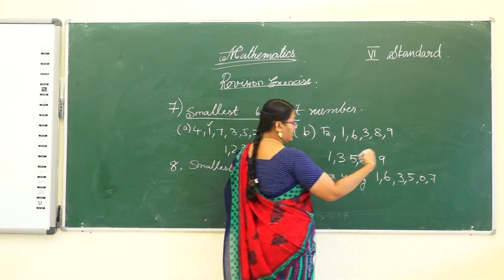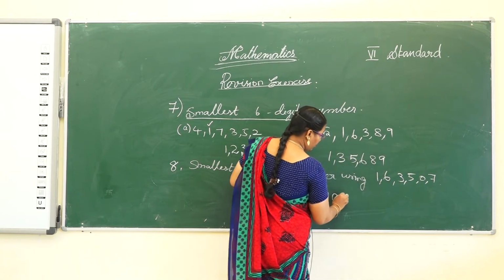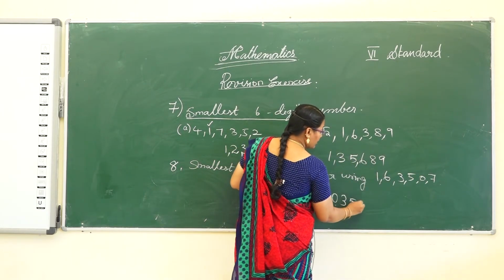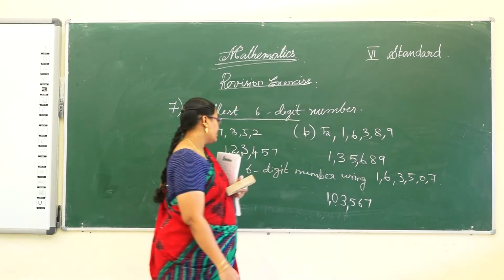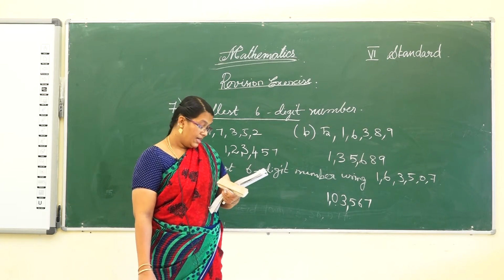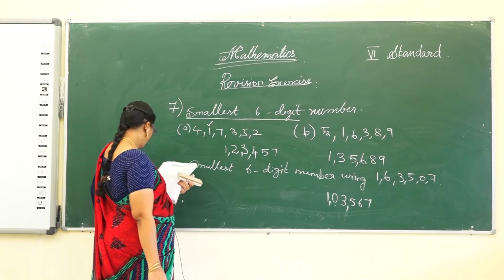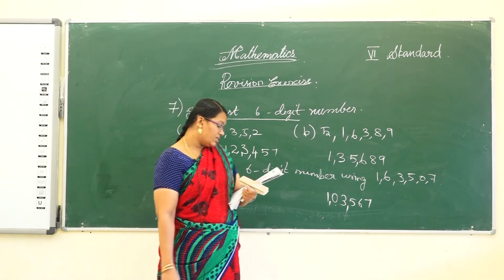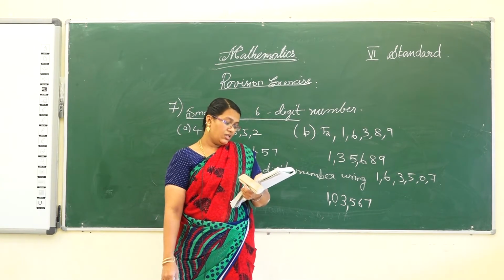Now consider the smallest number as 0 and then 3, 5, 6, 7. So the smallest 6-digit number is 1,03,567.